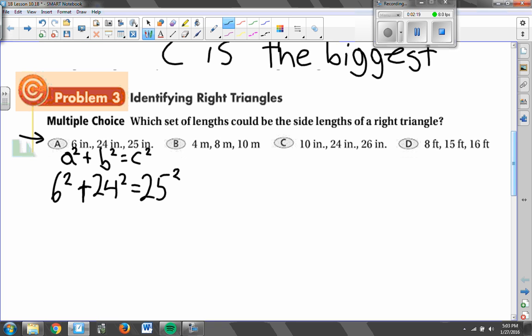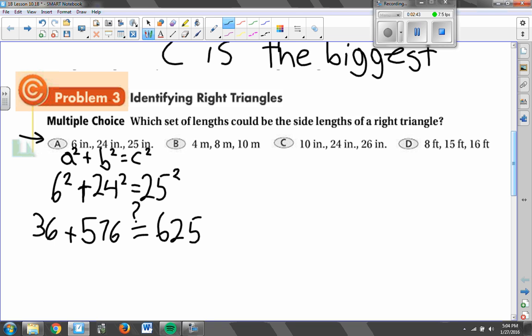So 6 squared is 36. 24 squared, if we grab our calculator and do 24 times 24, is 576. The question for us is, does that equal 25 squared? Well, what's 25 times 25? 625.